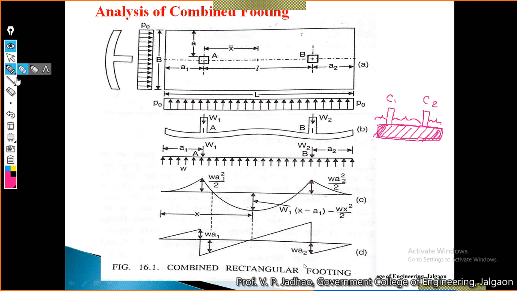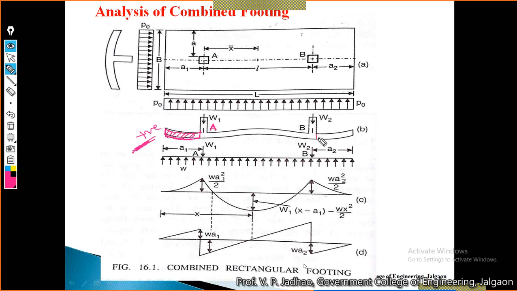Now if you see the bending portion, the bending here is hogging bending. The bending pattern up to this column A, consider this as column A or C1, up to this point the bending is hogging bending. So whatever bending moment develops here will be positive, because the bending pattern here is hogging bending.